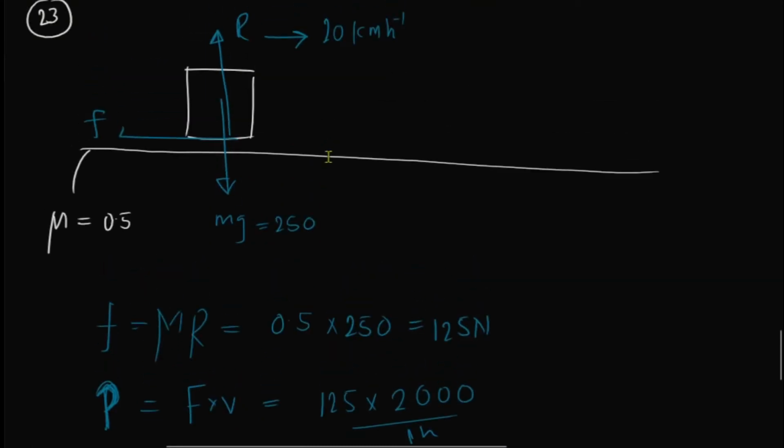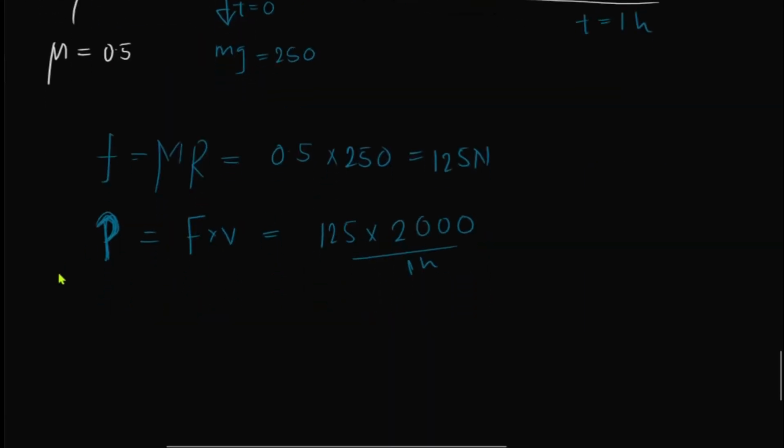This was dragged for 1 hour. Therefore, the energy wasted or released is found as power into time. The rate of energy wasted is this, and it was wasted for 1 hour.